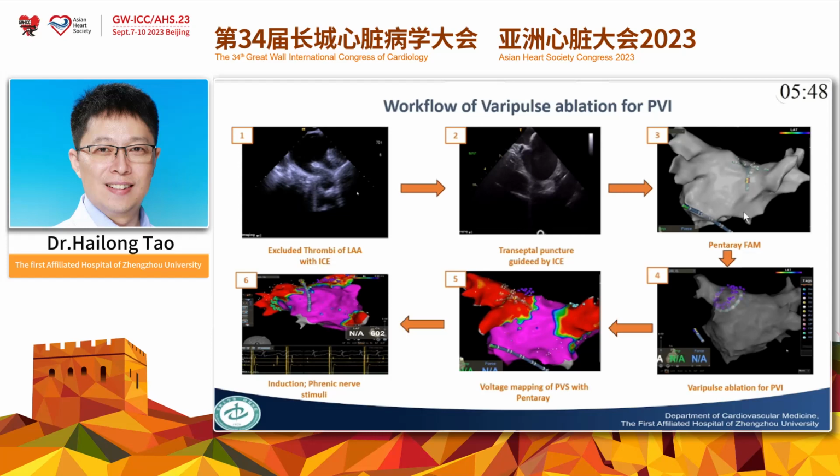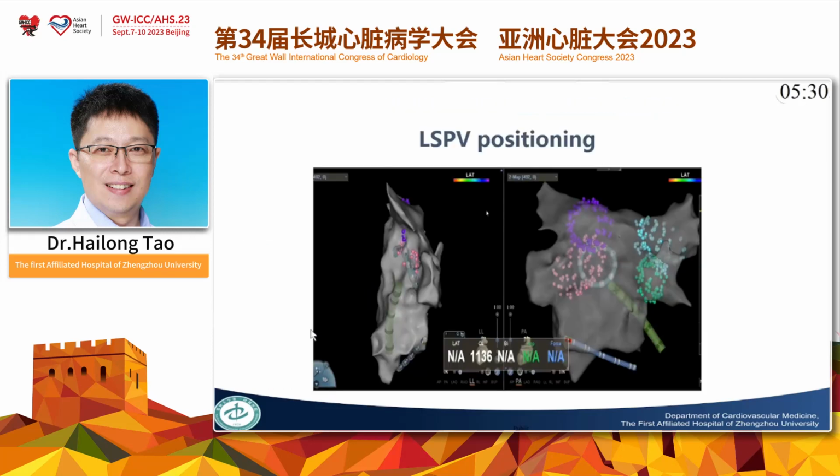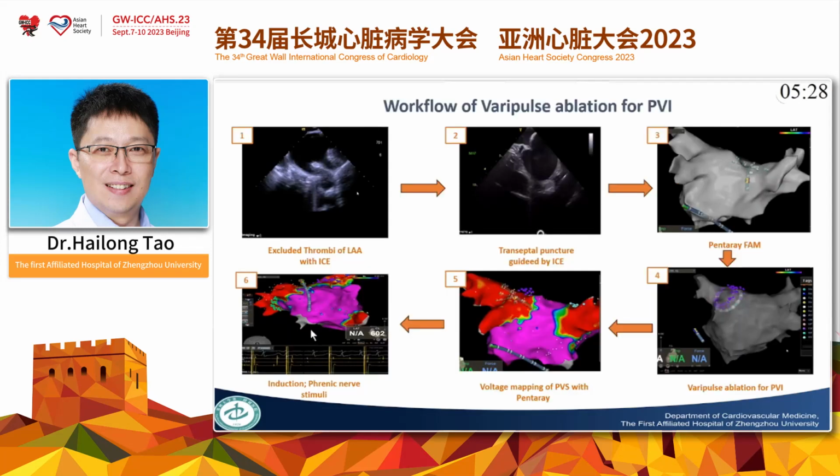Then we use the Pentaray catheter, do the FAM geometry, and then we do the Varipulse application for each pulmonary vein. After this, we check for the PVI by the subtract mapping, using the Pentaray, and the last one we do the induction and the cardioversion check for the vagus nerve stimulation.